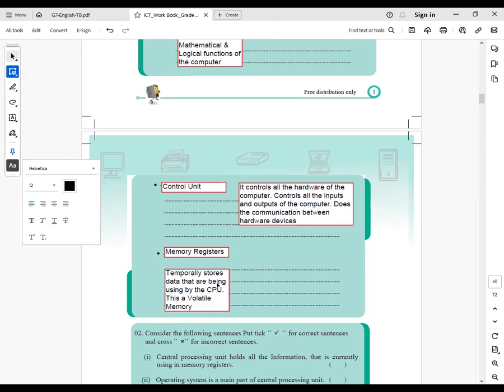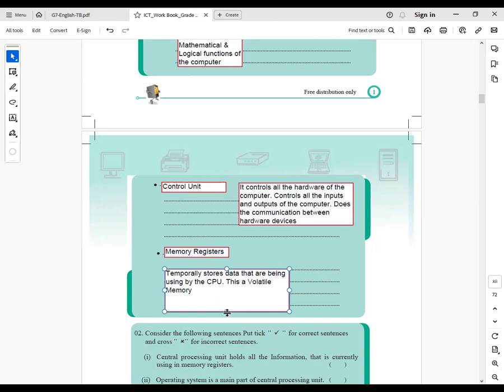Have you heard about volatile? Volatile means when you power off the computer, let's say I switch off the computer, then the data in these memory registers will be deleted.